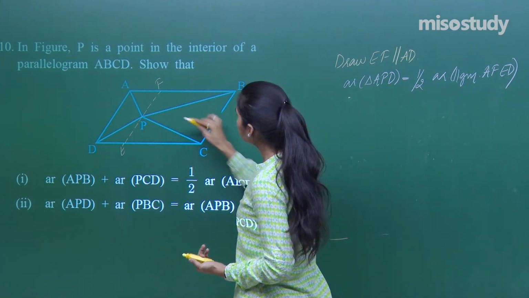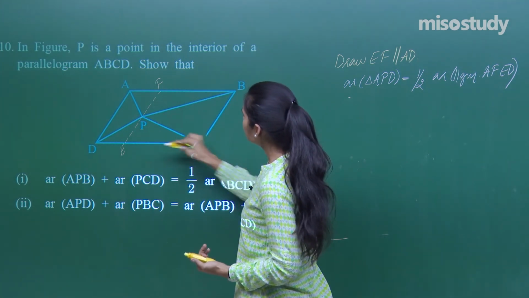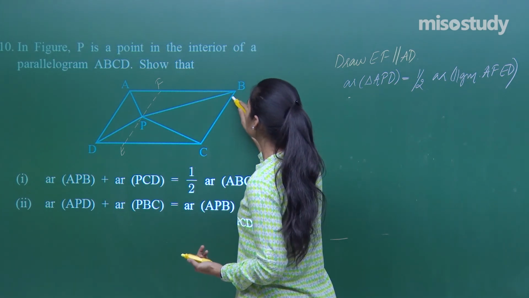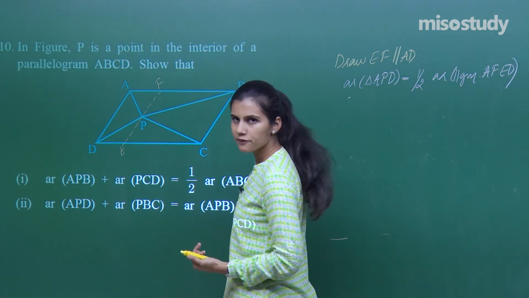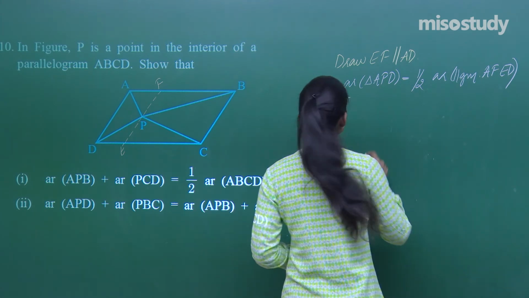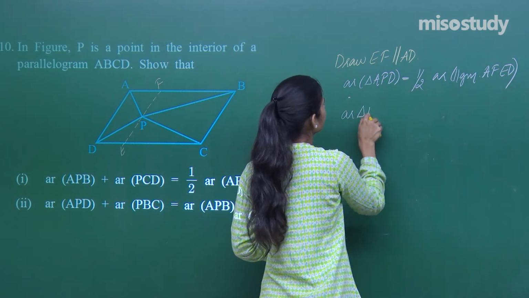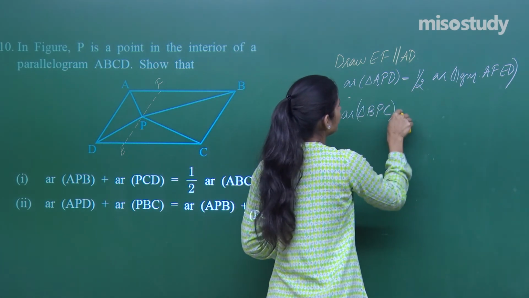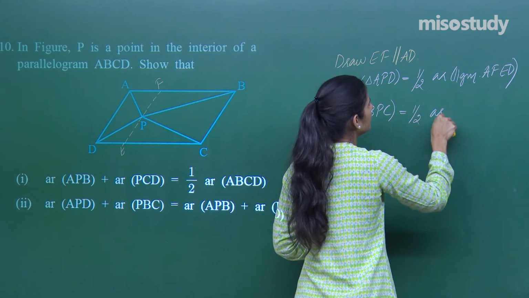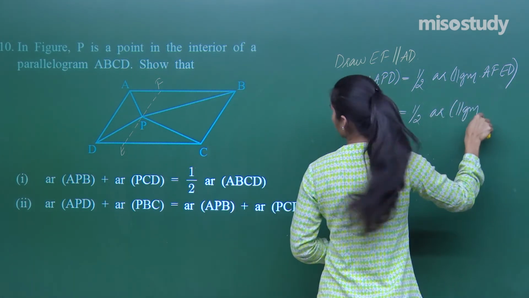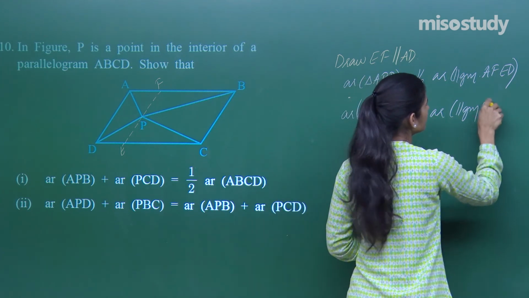And triangle BPC and parallelogram BFEC are lying on the same base BC and between the same parallels BC and EF. Therefore, area of triangle BPC is half of area of the parallelogram BFEC.